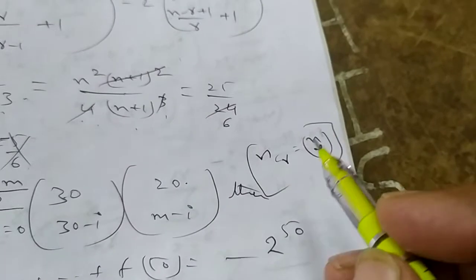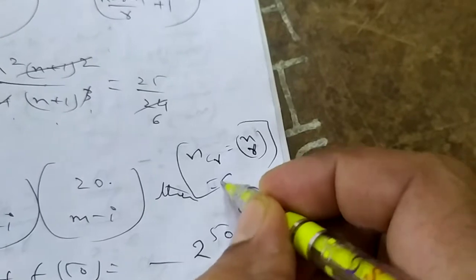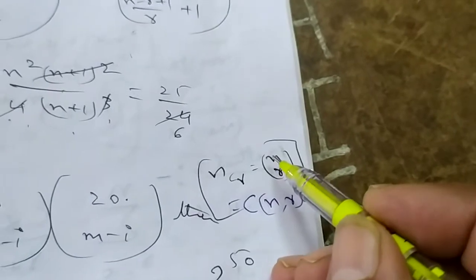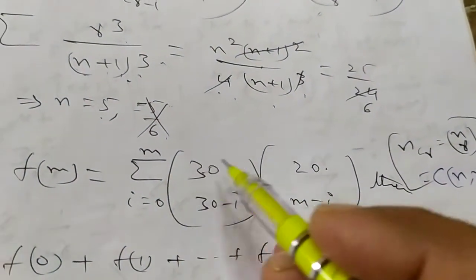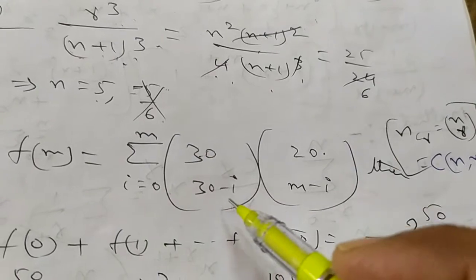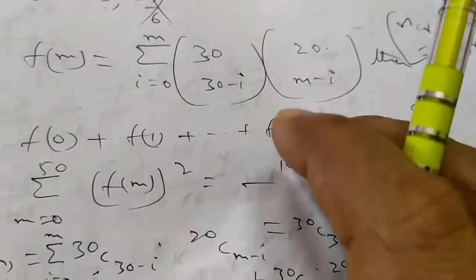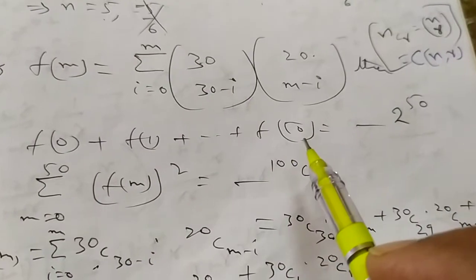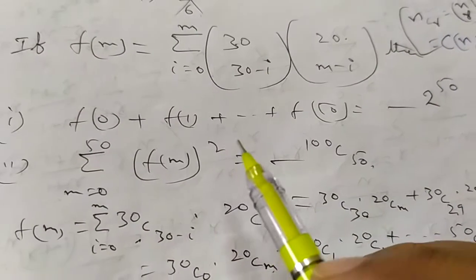NCR is also denoted by this bracket of n comma r, or capital C of n comma r, as I already told you. So n written on top and r at the bottom in an open bracket means NCR. So the meaning of this one is 30C(30 minus i) into the meaning of this one is 20C(m minus i). Then find the values of f of 0 plus f of 1 plus and so on, f of 50, and sigma m equal to 0 to 50 of f of m whole square.